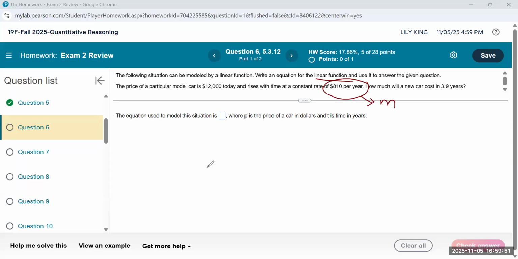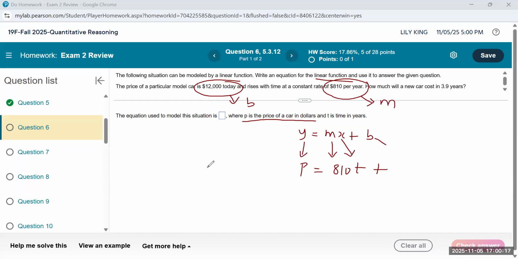And we have the starting value to be the 12,000. Now we need to write this equation in terms of P and T, so do not write it in terms of y and x. Your y is P, your m is the recurring change, which is 10. Your x is the time, that's the independent variable. And your b is the 12,000.